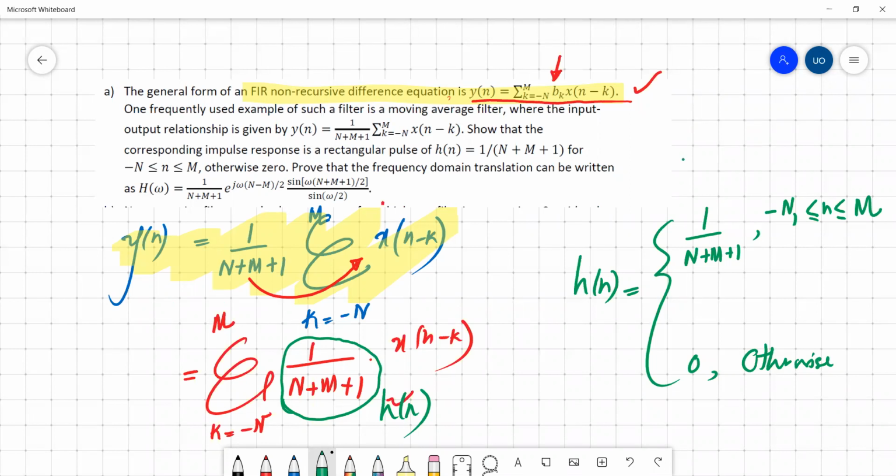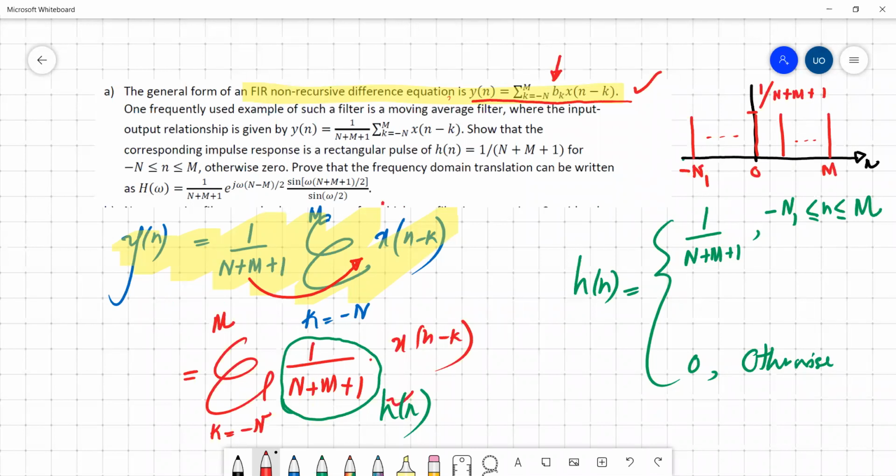So if you plot it, it's like this. The value here is 1 over n plus m plus 1. Here we have minus n, here we have m, this is 0.